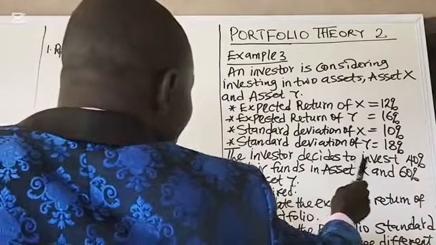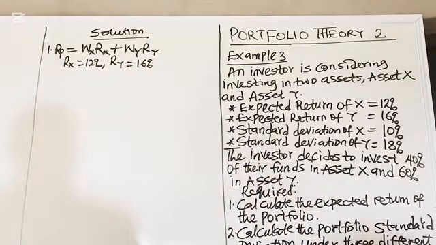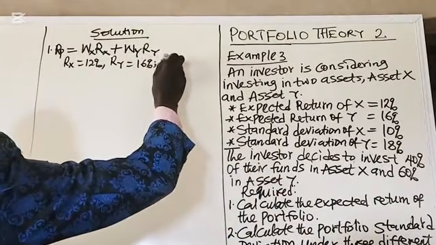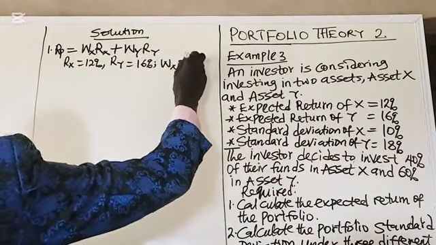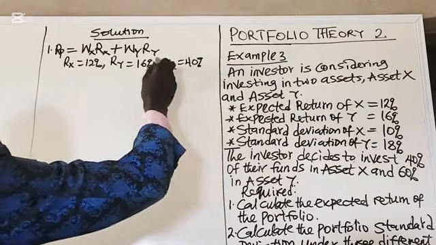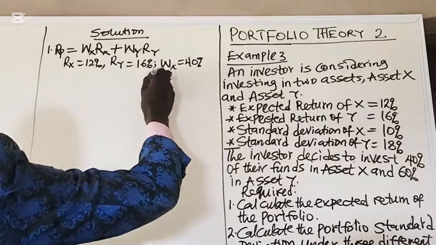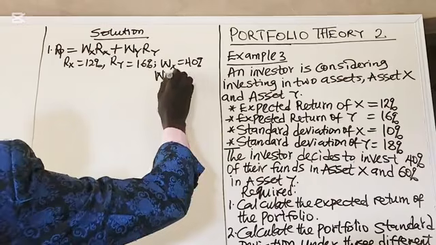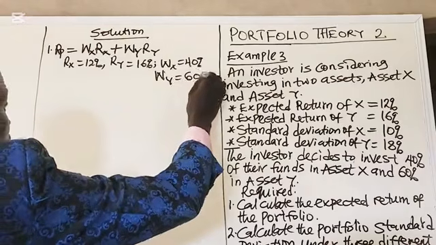The investor decides to invest 40% of their funds in asset X, so the weight of X is 40%, and the weight of security Y is 60%.